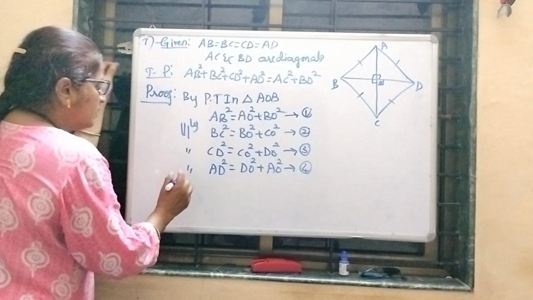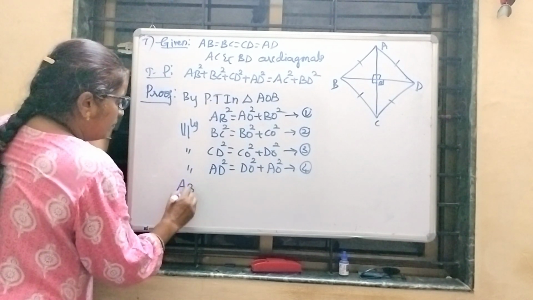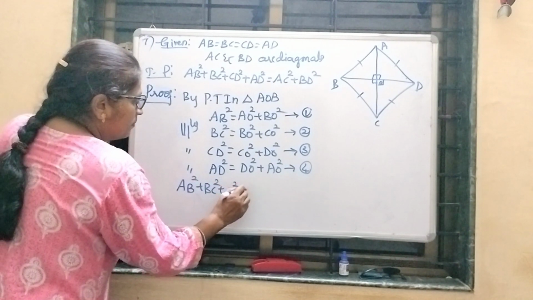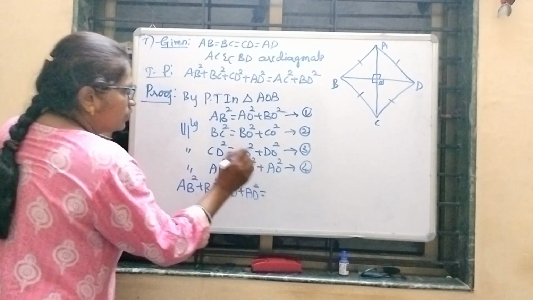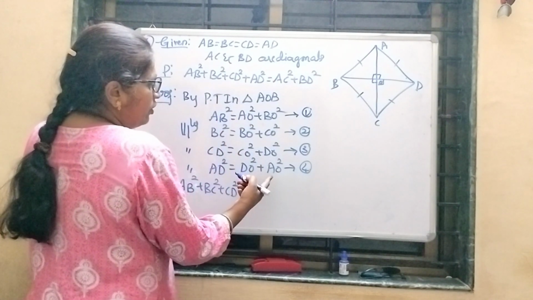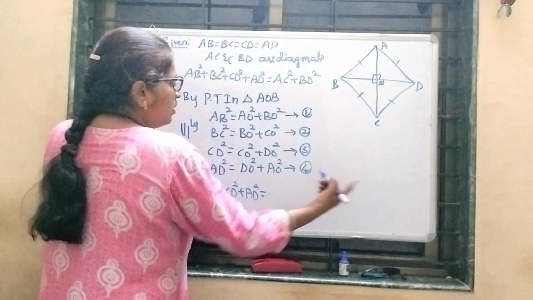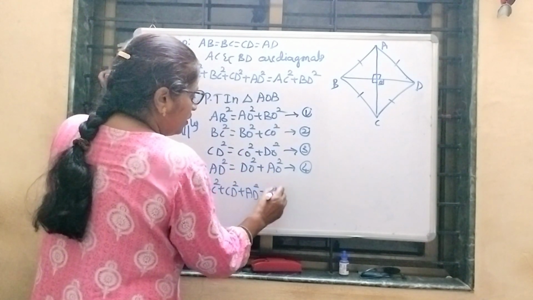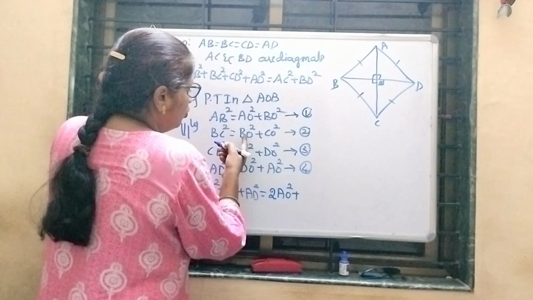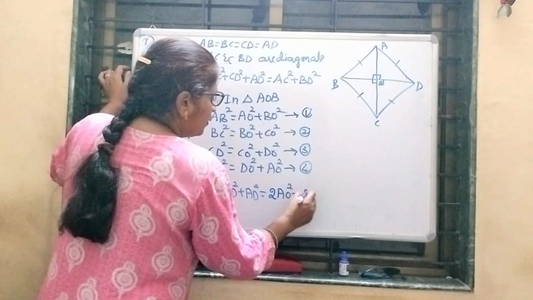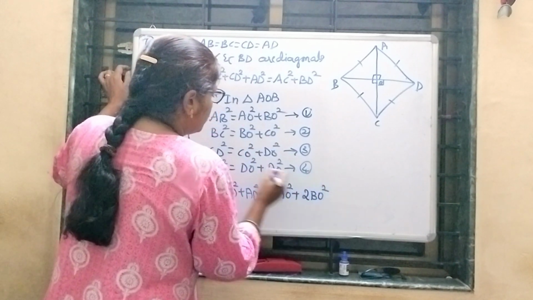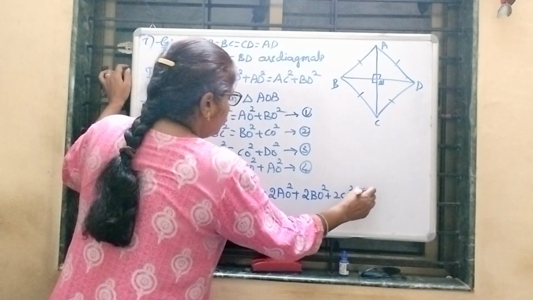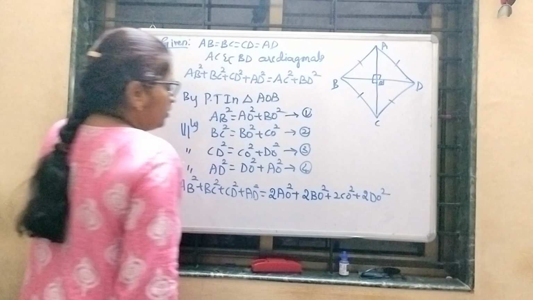LHS separately, RHS separately. LHS: AB square plus BC square plus CD square plus AD square is equal to, I don't have a place, children. You can write all the terms together, but I am counting it. See, 2AO square plus 2BO square plus 2CO square plus 2DO square, children.